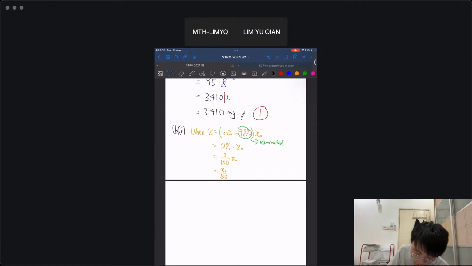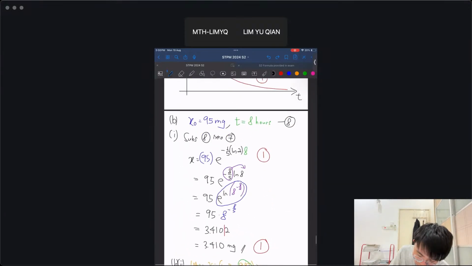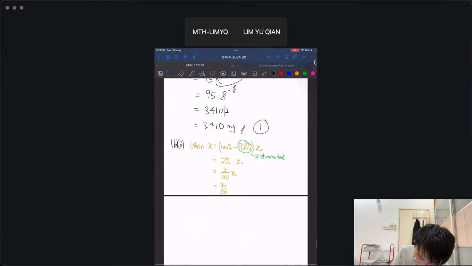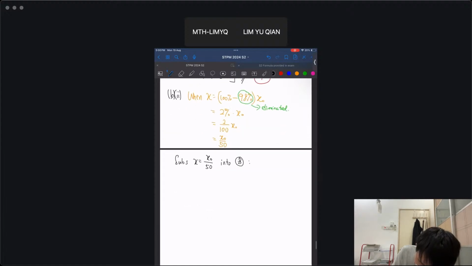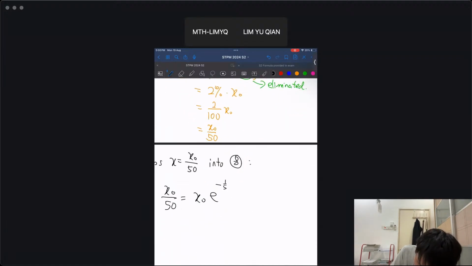Okay, let's calculate. Just substitute into equation 8 also. So substitute x equal to x naught over 50 into equation 8. That will give you x naught over 50 equal to x naught e to the negative 1 over 5 ln 2 t.